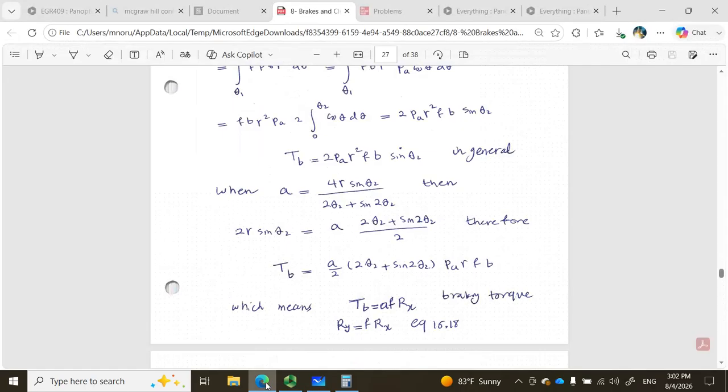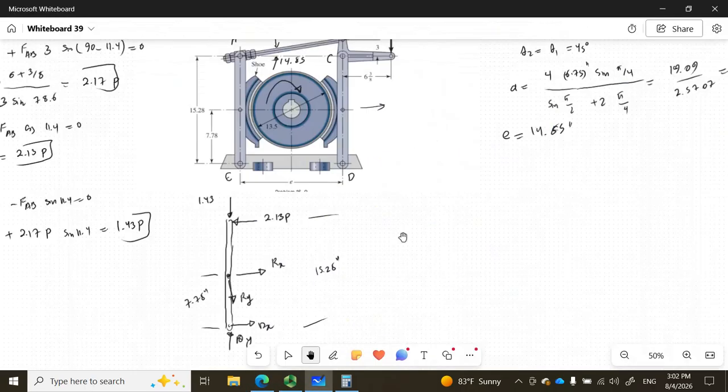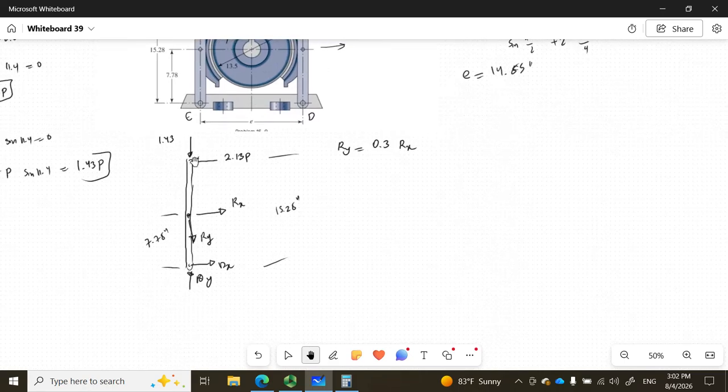That's going to be a key equation: Ry equals F times Rx. So Ry is going to be, F by the way was 0.3, times Rx. So this is the extra equation I need. I have 3 equations of equilibrium and I have this one. So this should give me all these forces: Rx, Ry, DX and DY. So let's do it now.